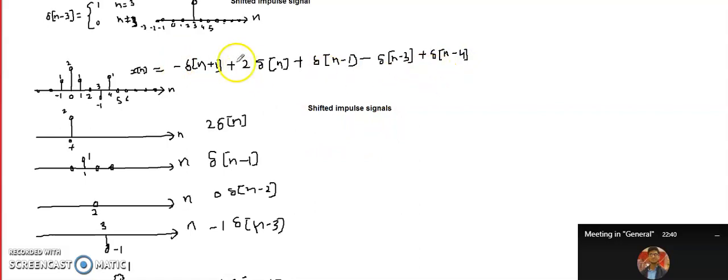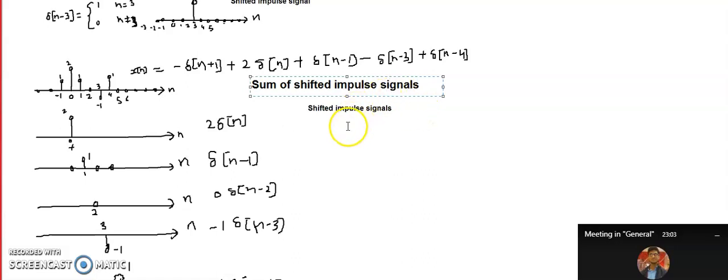Like this. So we can write xn in terms of sum of shifted impulse signals.